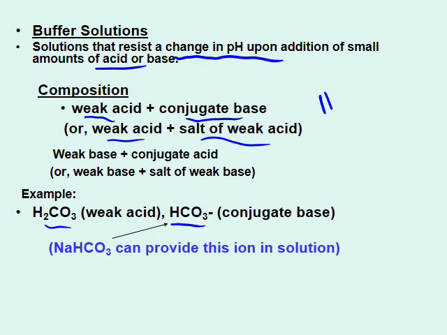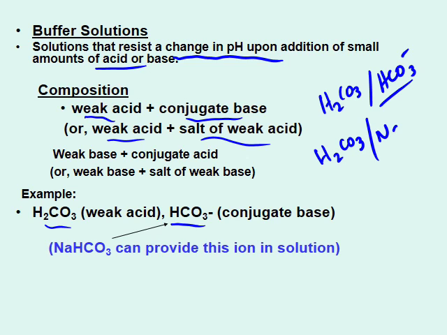But you know that HCO3 minus comes in a compound, so in a salt. So we often say that it's H2CO3 and a sodium compound, sodium bicarbonate, because in sodium bicarbonate, sodium gets separated, so you basically get HCO3 minus. So this would be a composition of a buffer solution.